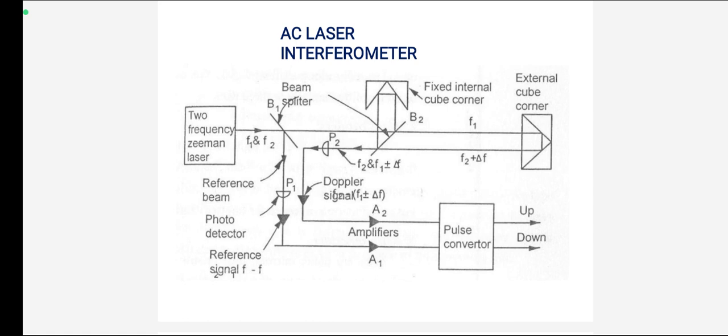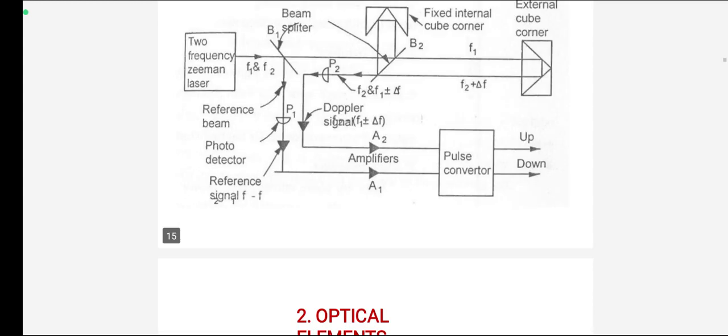Here the object is placed in between the fixed internal cube corner and external cube corner. Here the fixed internal cube corner has the beam splitter. These beam splitter lines are amplified and also used to project the distance of the object.